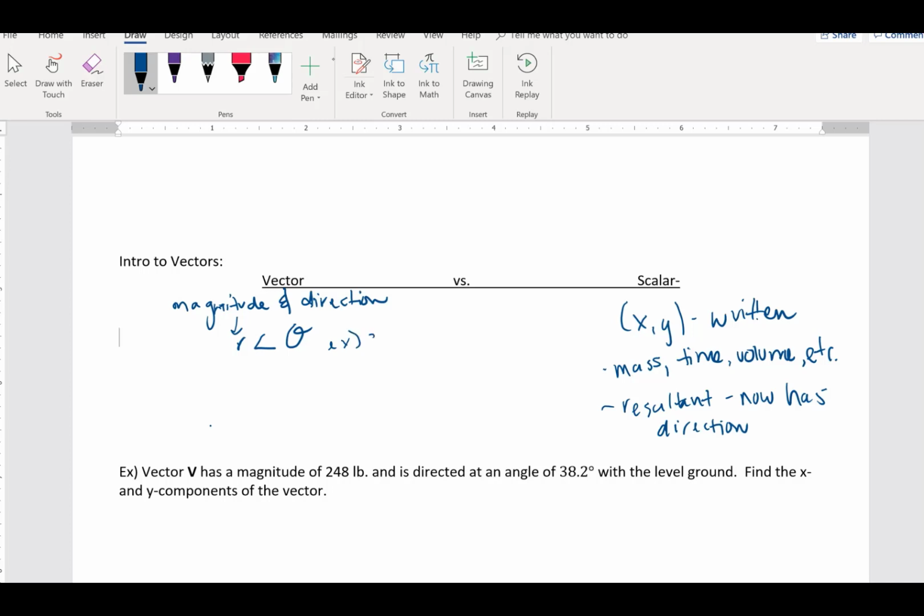So for example, say we had 923 pounds at an angle of 18.4 degrees. This is used for velocity, acceleration, force, and weight.